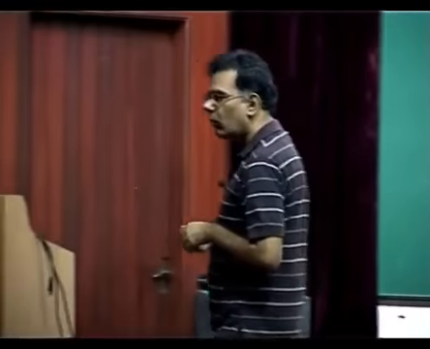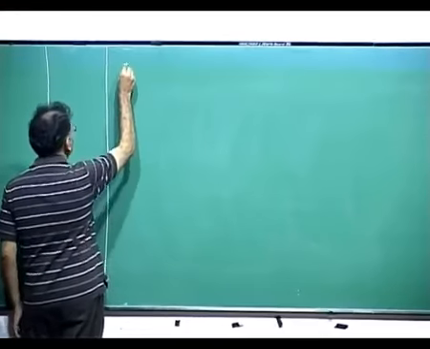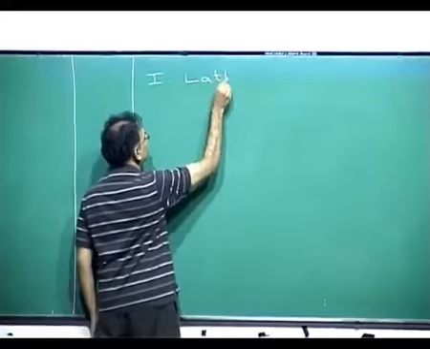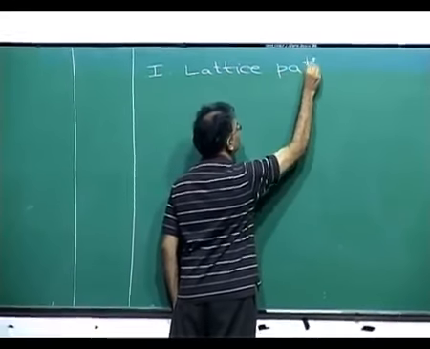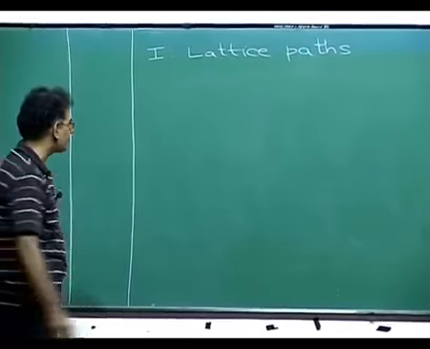So I'll begin with 4 counting problems in which these arise. The first one is called lattice paths. That is just fancy terminology for the following.